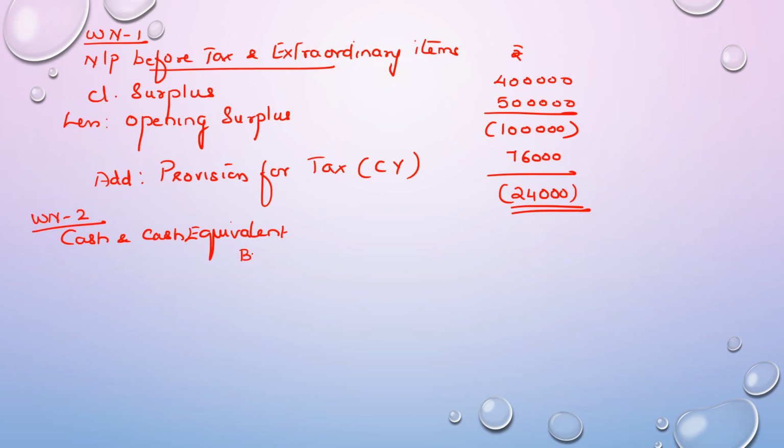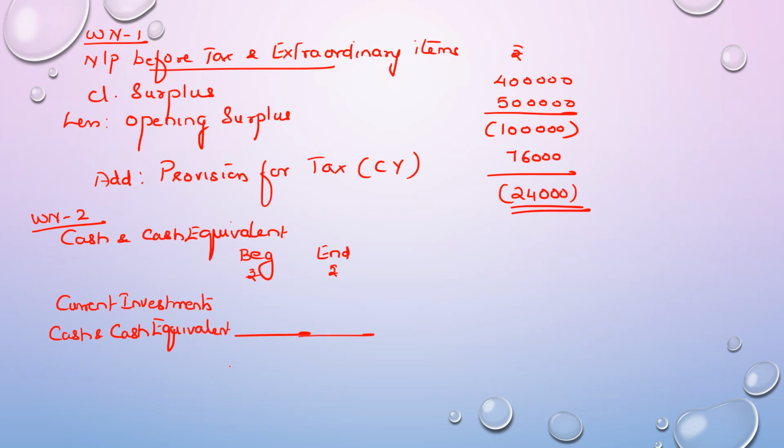This is the beginning and end figure here. So for the current investments, we'll write the amounts, and then the cash and cash equivalent, whatever has been given in the beginning and the end, and the total of this would be taken in our cash flow statement.